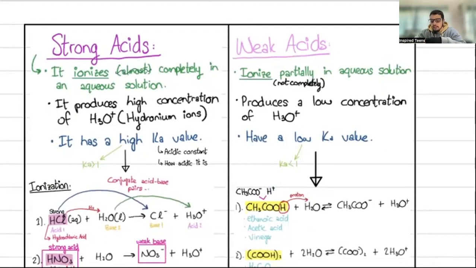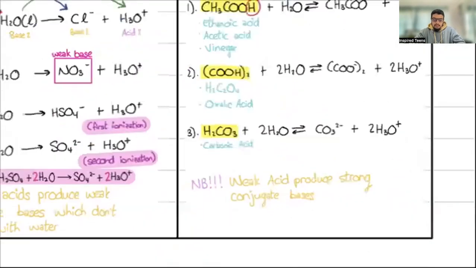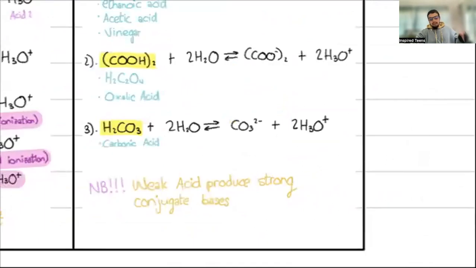But the chances that you're going to get a question that asks you to write the ionization reaction for HCl, for example, are really high, and HCl is here. So yes, then we can discuss this last final concept that says that weak acids produce strong conjugate bases. So this guy is a weak acid, so its conjugate base would be a strong base.